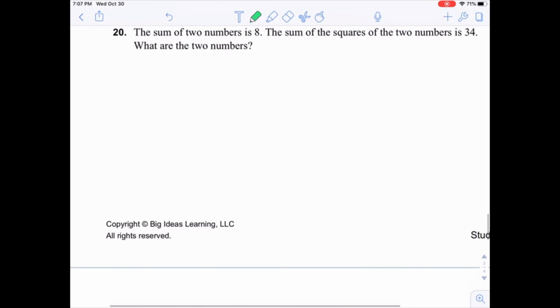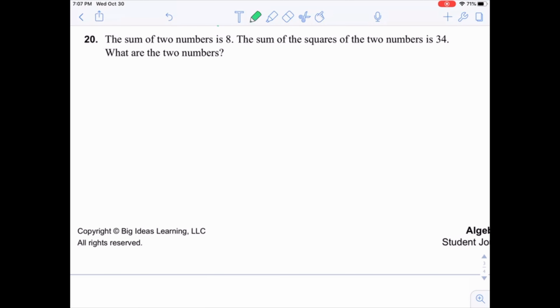So I'm going to do one last question with you. Number 20. The sum of two numbers is 8. The sum of the squares of the two numbers is 34. What are the two numbers? So to set this up, I'm going to use a table to help me.